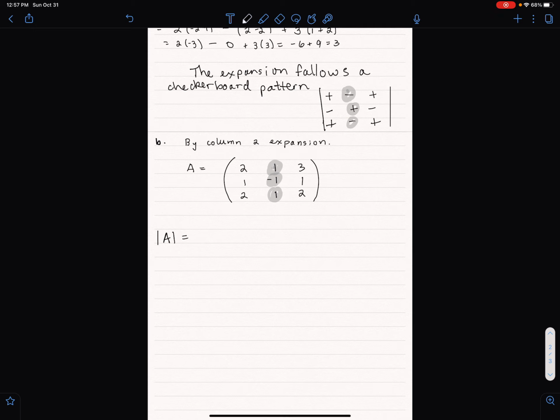Okay, it's going to be minus times a 2 by 2. That's not quite right here. Let's check this out better. You have this 1, so it's going to be minus 1 times a 2 by 2 matrix plus negative 1 times a 2 by 2 matrix minus 1 times a 2 by 2 matrix.